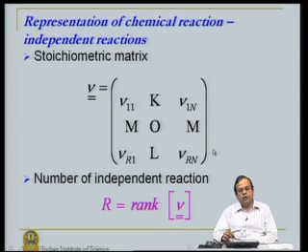To give you just quickly the idea, if we say that our third reaction is dependent on the first and second reactions, then suppose the third reaction is the addition of the first and second reactions, then we also know that the rate of the third reaction must be the sum of the rates of the first and second reactions.